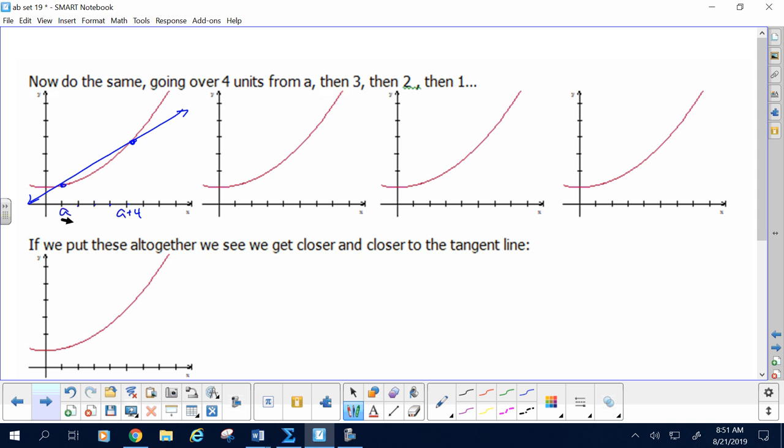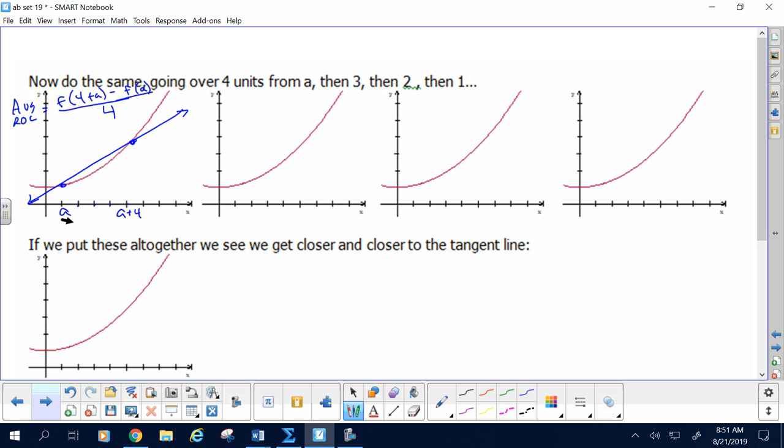Sorry, the secant is through 2 points. What's the average rate of change here? f(4+a) minus f(a) over (4+a) minus a, or 4. Wouldn't you agree again the change in x in this case was 4 units?